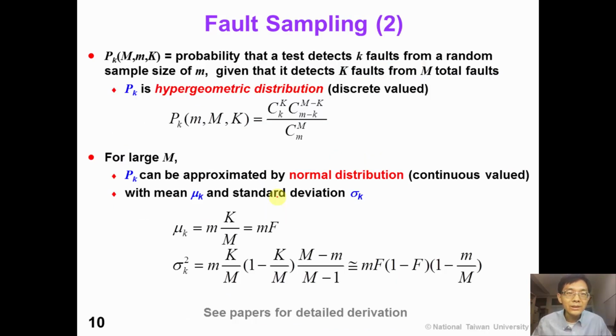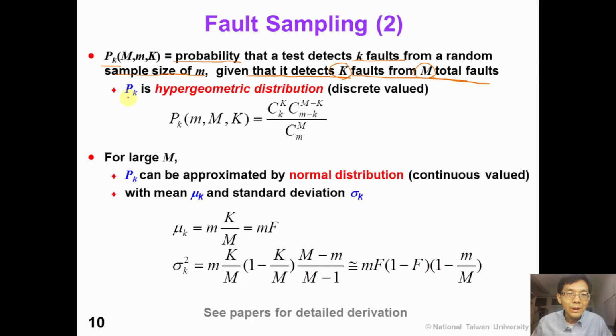Now, we need some statistics to handle this concept. Suppose that pk represents the probability that a test detects small k faults from a random sample of size small m, given that it detects big K faults from big M total faults.